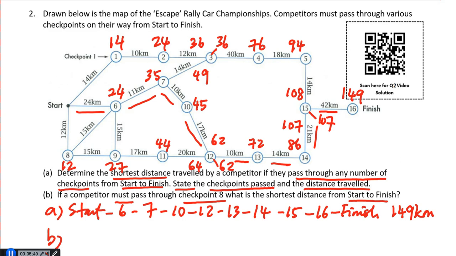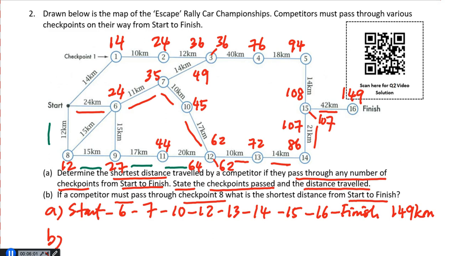Let's look at the alternative here. So from here, let's say I go through here, and from here it's already 27. When it comes to here, it's 44, here it's 62.